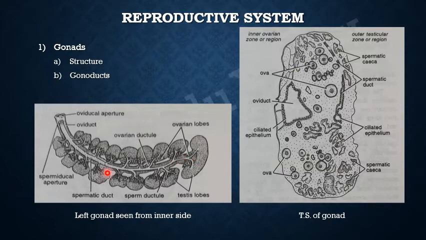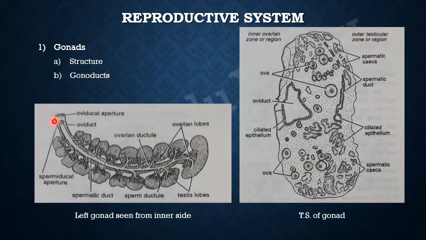Then next comes the gonoducts. The B part of gonads is gonoducts. Each gonad has two gonoducts, oviduct and spermatic duct. Now you can see here it is labeled the spermatic duct, and oviduct is not labeled.